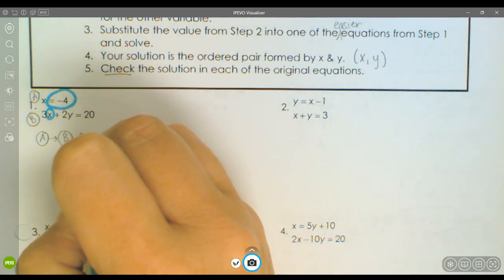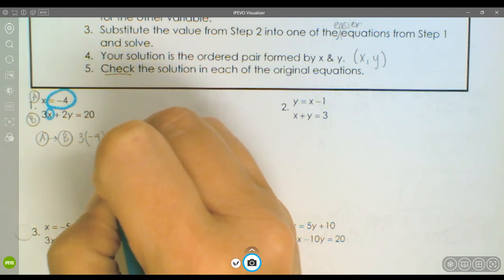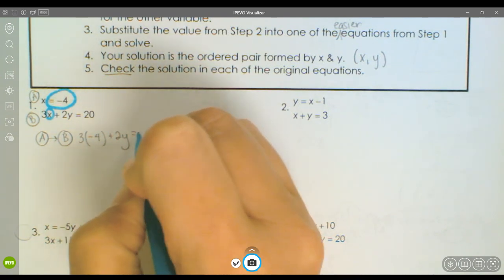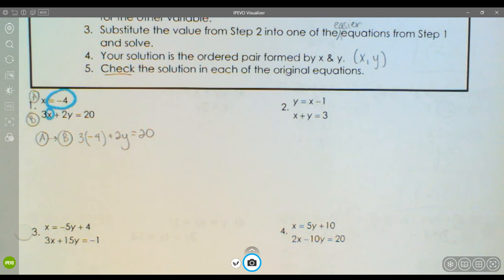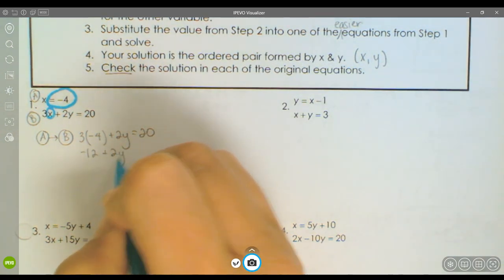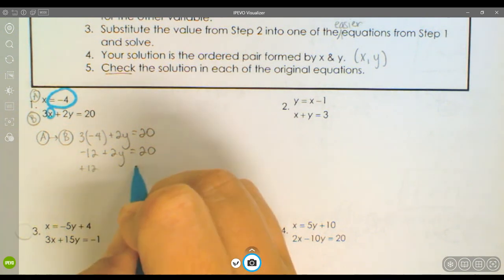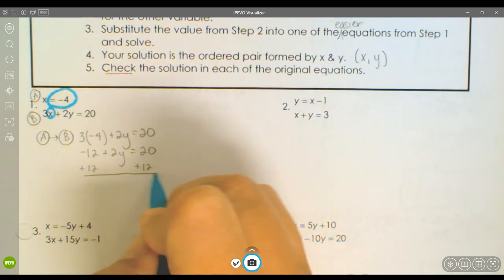So instead of 3 times x plus 2y, I have 3 times -4 plus 2y equals 20. And when I do that, I find that -12 plus 2y equals 20. And oh my goodness, now it's a two-step equation. So we add 12 to both sides.